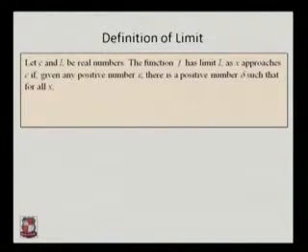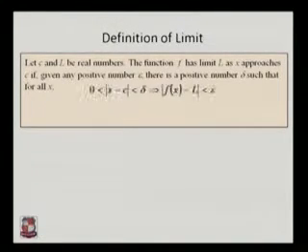Let c and L be real numbers. The function f has limit L as x approaches c if, given any positive number epsilon, there is a positive number delta such that for all x, 0 less than mod x minus c less than delta implies mod of f of x minus L less than epsilon.